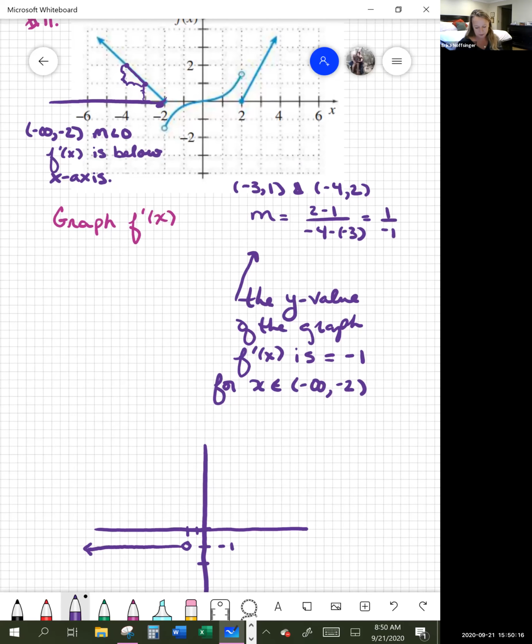Maybe we can jump and look at the piece from 2 to infinity for a minute, because I think that's going to be an easier piece also. So we look at this piece, x equals 2 going all the way up to infinity. We know here from 2 to infinity, our graph is increasing. It's going upwards. So we know that f prime of x is above the x-axis here.